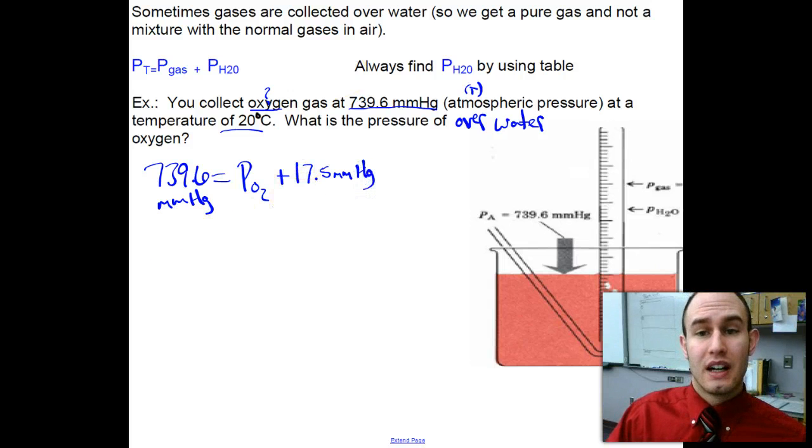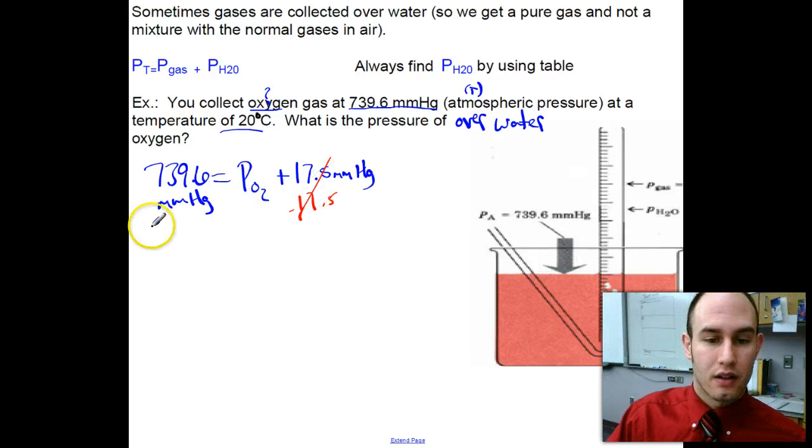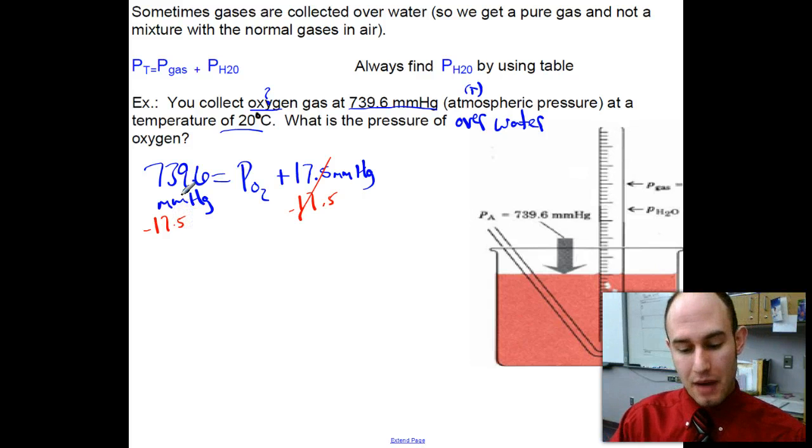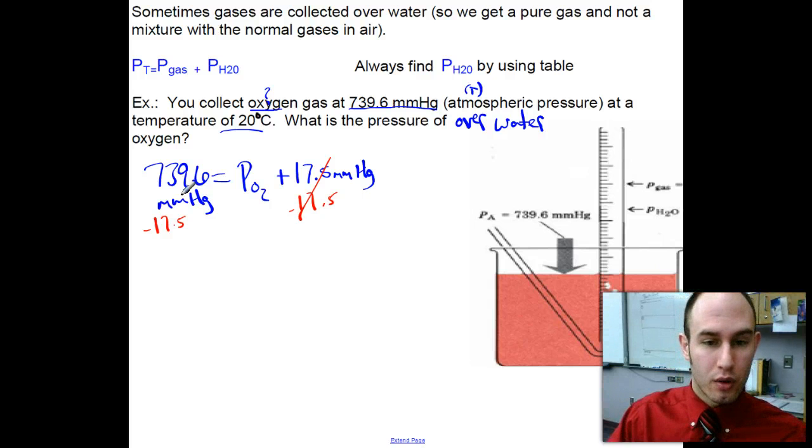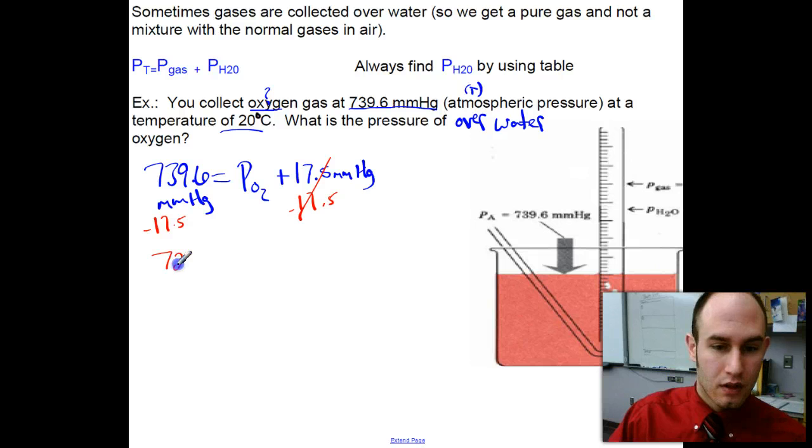Now I can simply subtract 17.5 to get rid of that. So this is our easy math: 739.6 minus 17.5 gives you 722.1 millimeters of mercury.